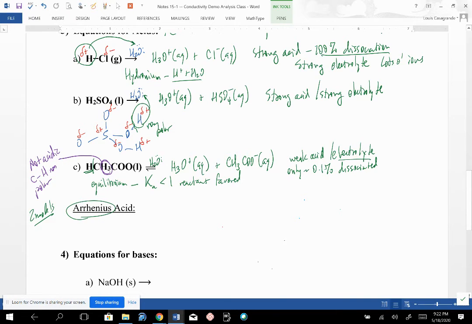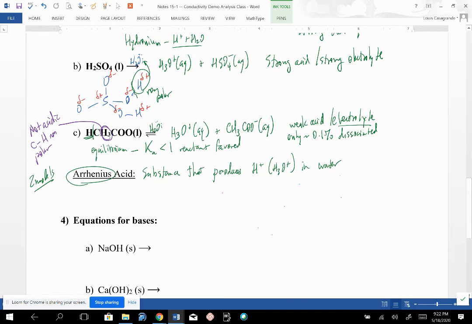In the Arrhenius model, any acid is a substance that produces H plus, thinking H3O plus, in water.